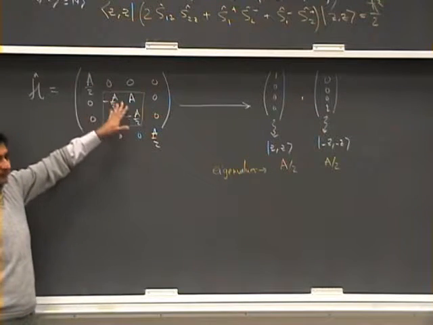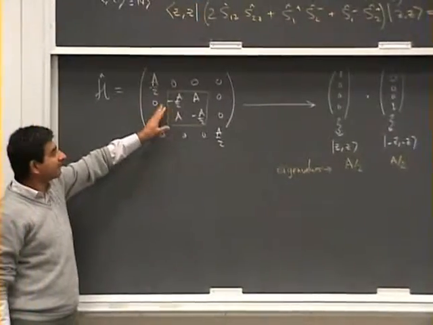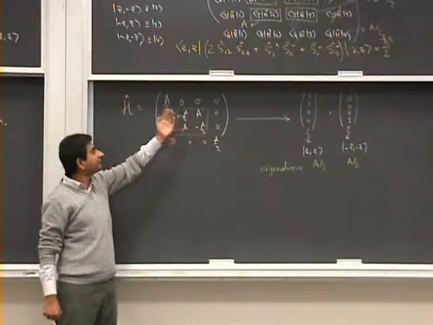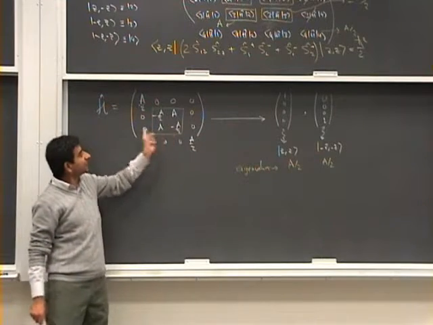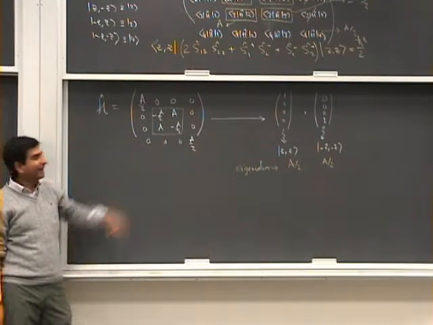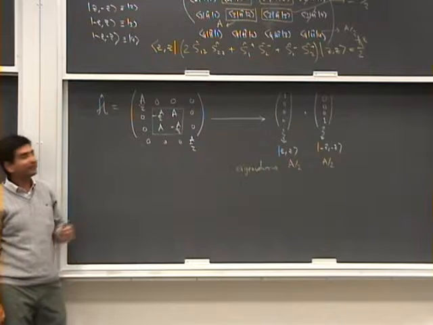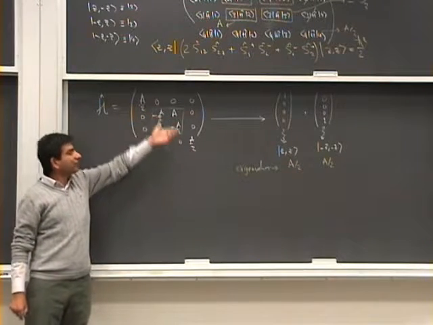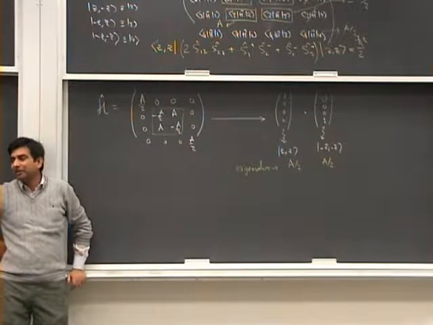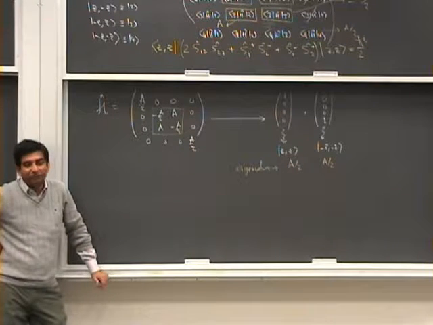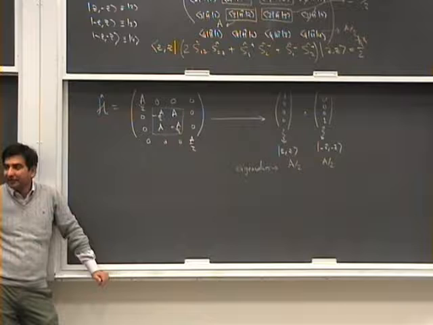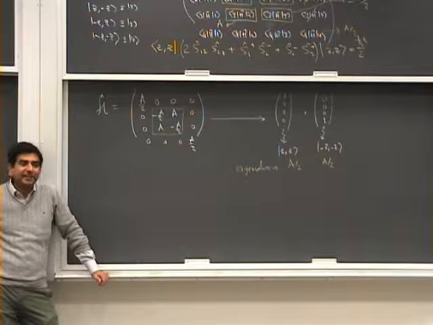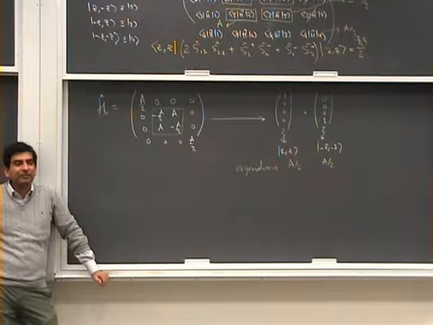So diagonalizing this 4 by 4 matrix is reduced to the problem of diagonalizing a 2 by 2 matrix. Now if you look at this block, and if you use your concept of Pauli matrices, what is this block equal to? You can decompose it into the Pauli matrices. It's identity and sigma x. So its eigenstates will just be the eigenstates of sigma x.